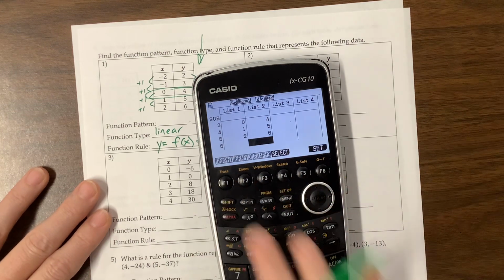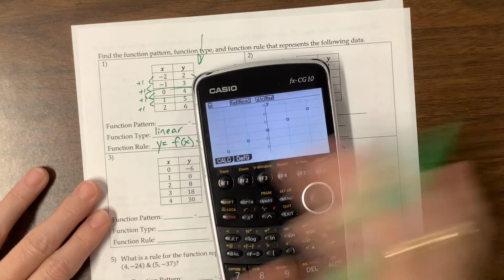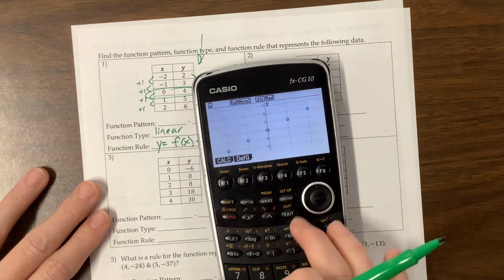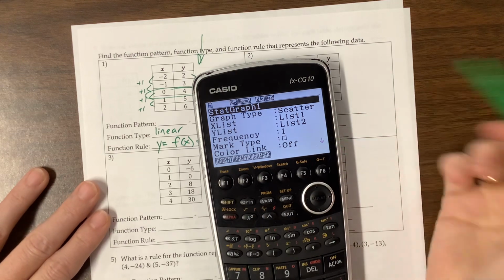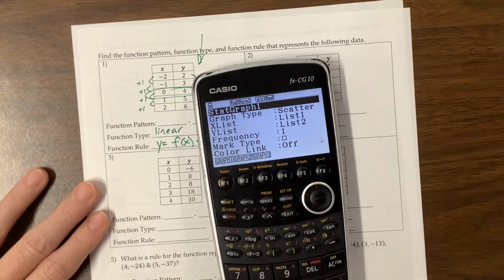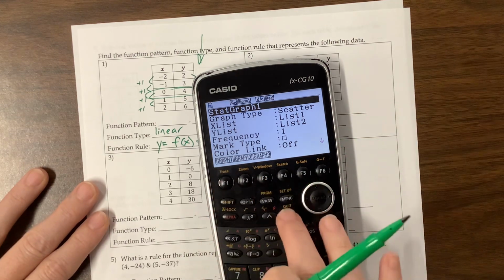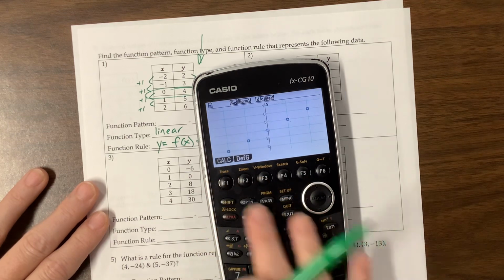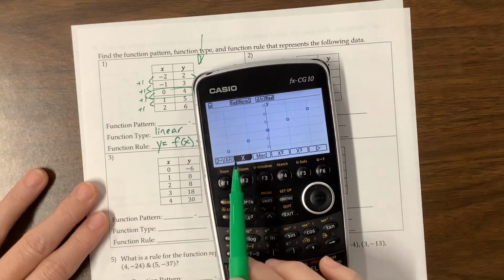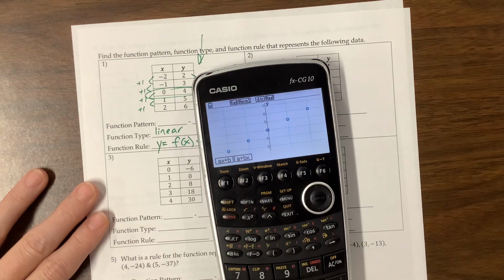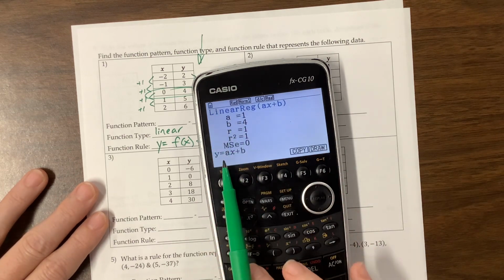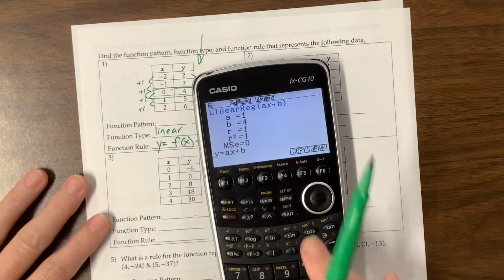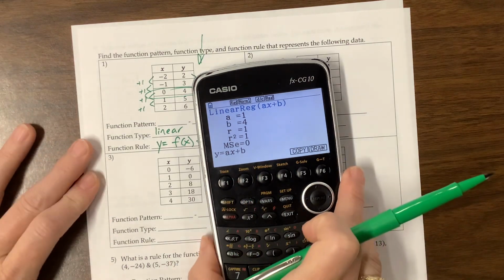And so when I graph that, it defaults to doing those like that. If I need to, I can set the graph in different ways, but its default made me happy, so I just knew to go with that. So go graph, exit, okay, graph. And so now I can calculate, I know that this is going to be a linear regression. I can calculate this, ax plus b, and sure enough, y equals 1x plus 4. But we already knew that one because that one was easy.